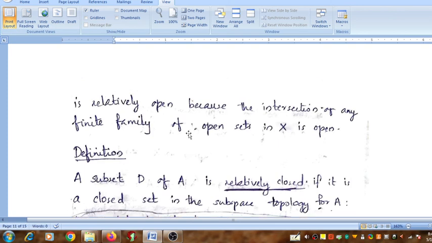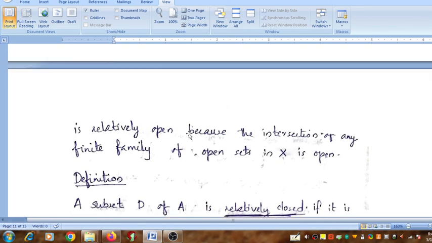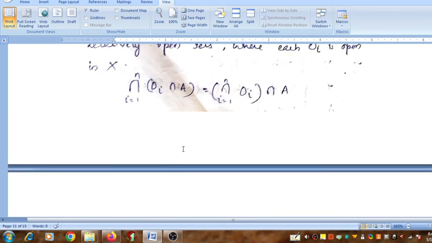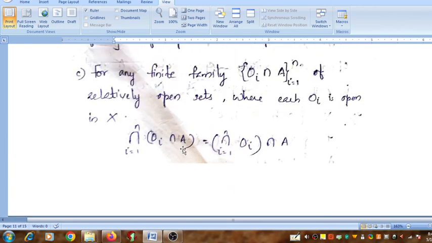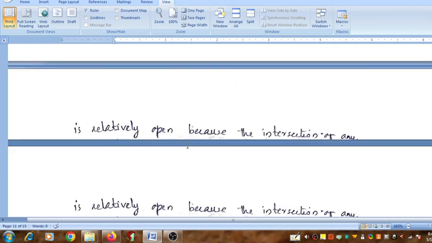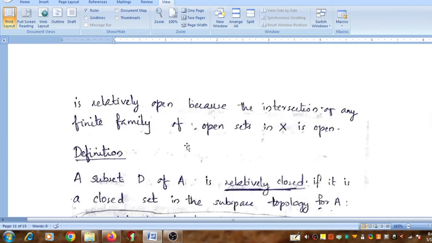We can call the members of tau prime open sets in the subset A. Thus we have proved that tau prime, which we defined in the beginning, can make a topology of the subset A. Okay, thank you.